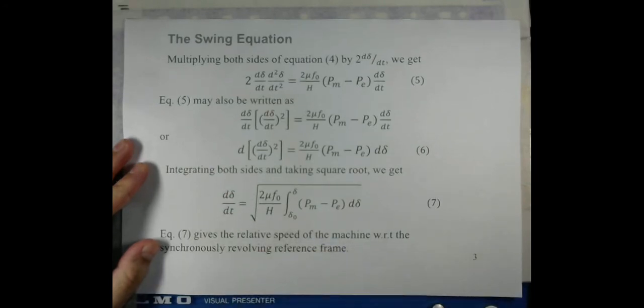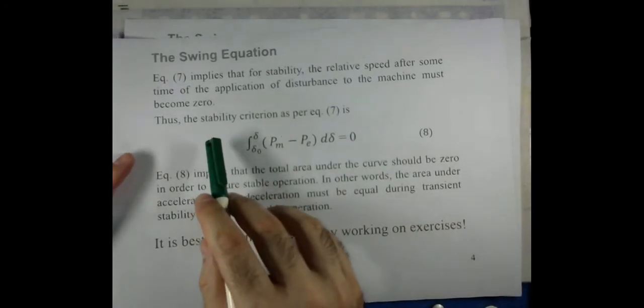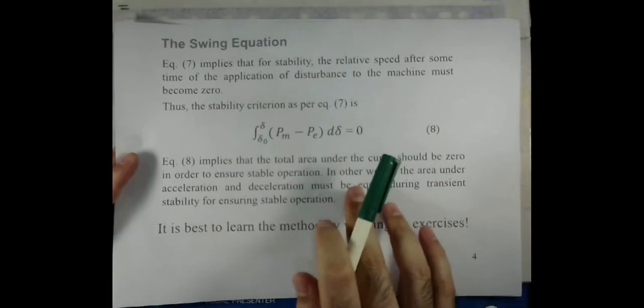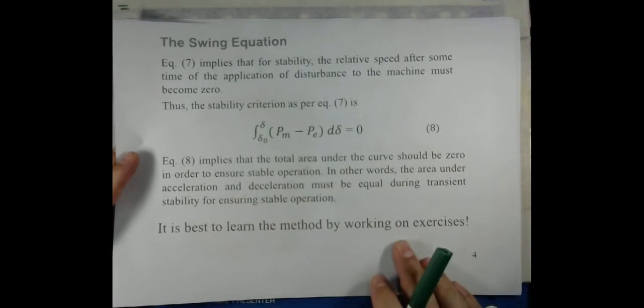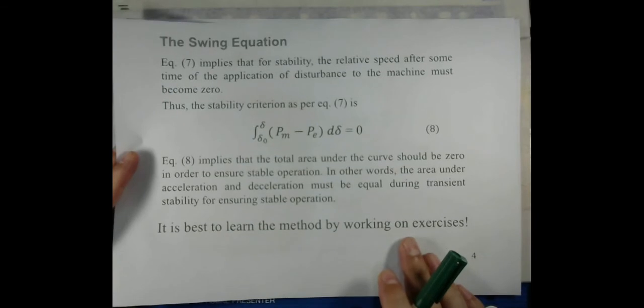So now if this side after some time of the disturbance is 0, then the resultant equation looks like that. So this is what we call basically the stability criteria.